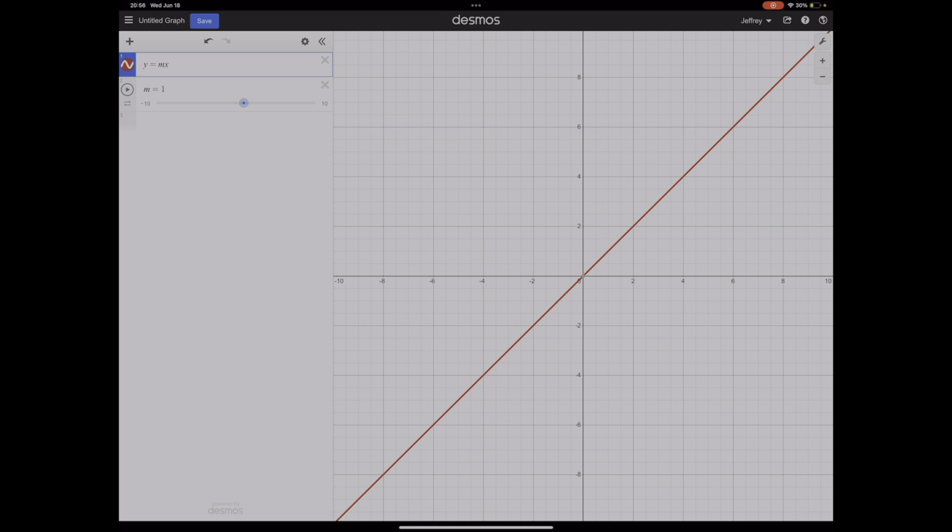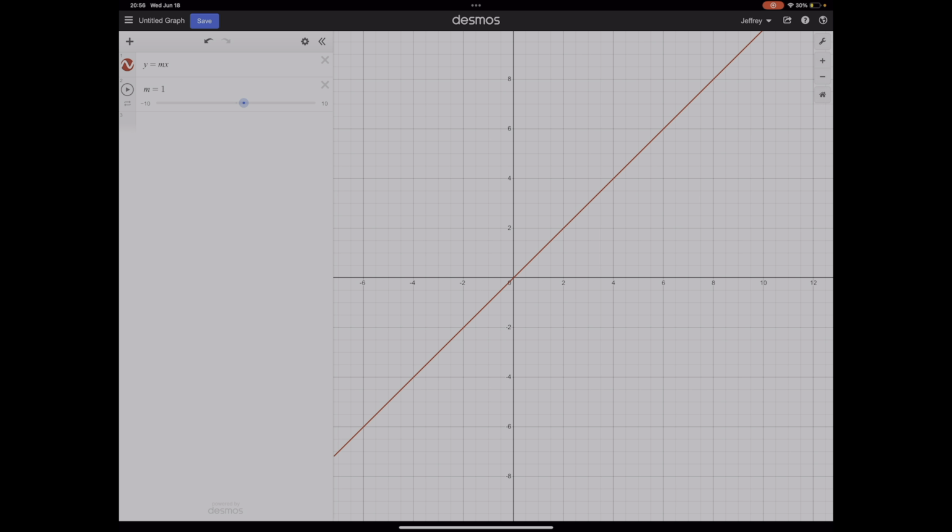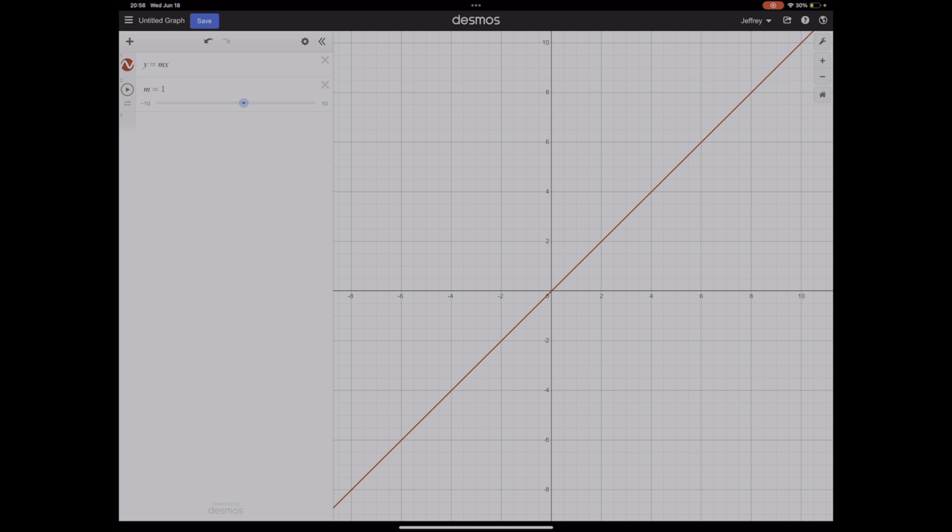Right, so here I've just set up a Desmos graph, which is going to help us to see what changing this gradient looks like and see how it's described. If the gradient's really positive, it's really steep. Imagine it as a hill, this is going to take effort to get up.